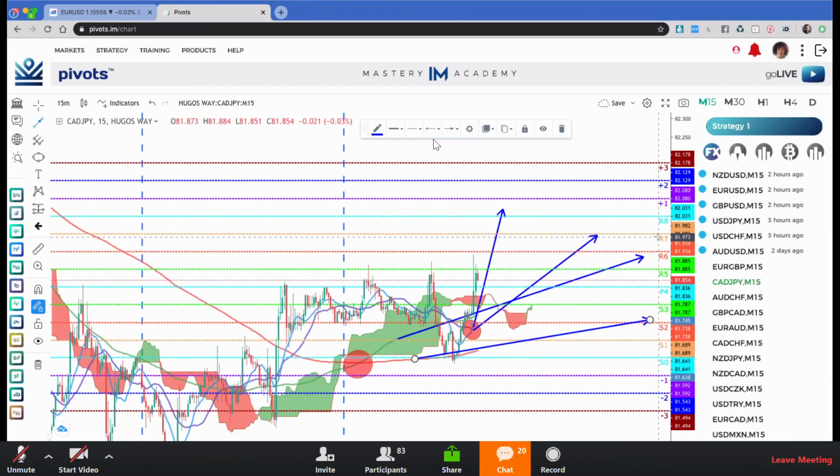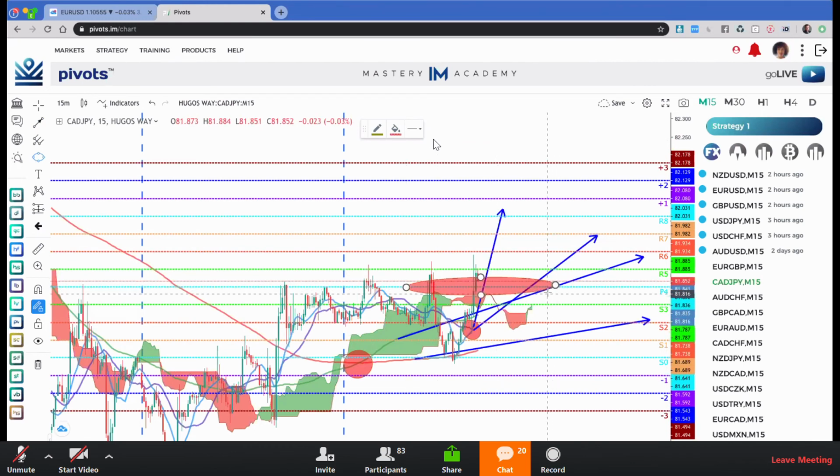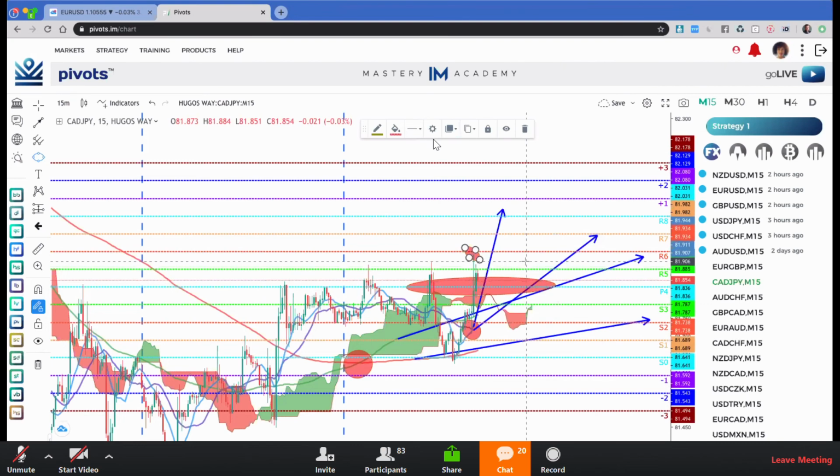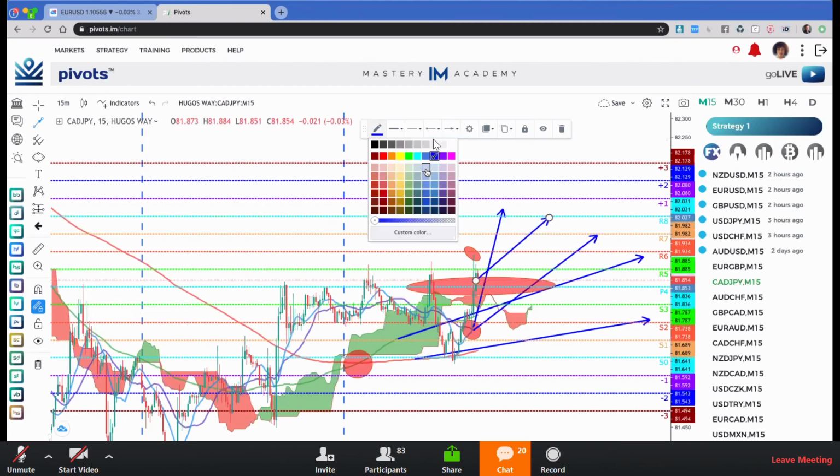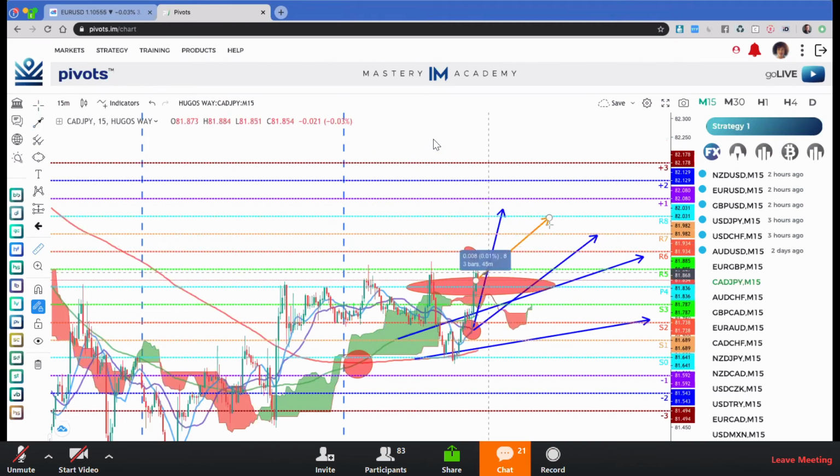That's good. It's above the pivot line. Only little issue is it resisted the R6 right there. So the goal for this pair is still to move up somewhere there. Let me make this one orange. All right. Follow the orange line, 16 pips.